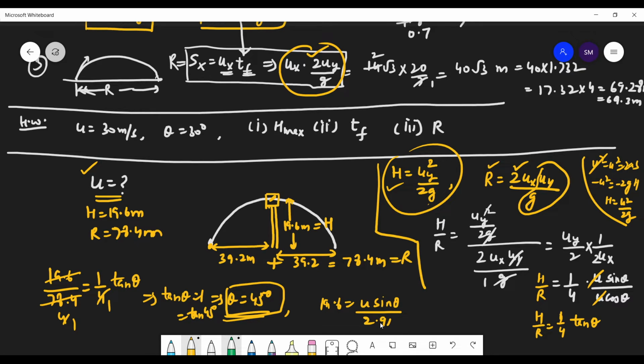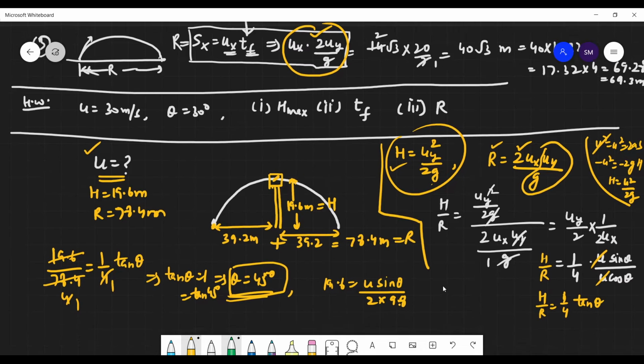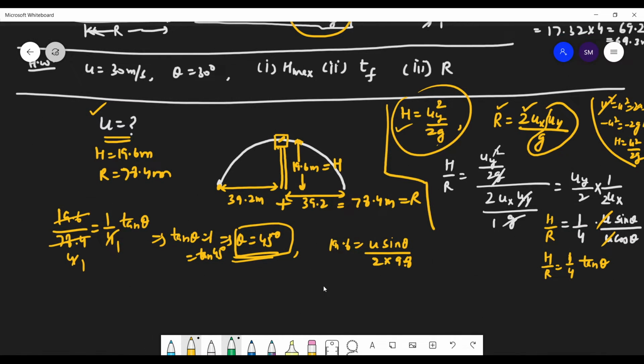So 19.6 into... and actually 2 into 9.8 is also 19.6, is equals to u. And what is sine 45? Sine 45 is 1 by root 2, because theta is 45.